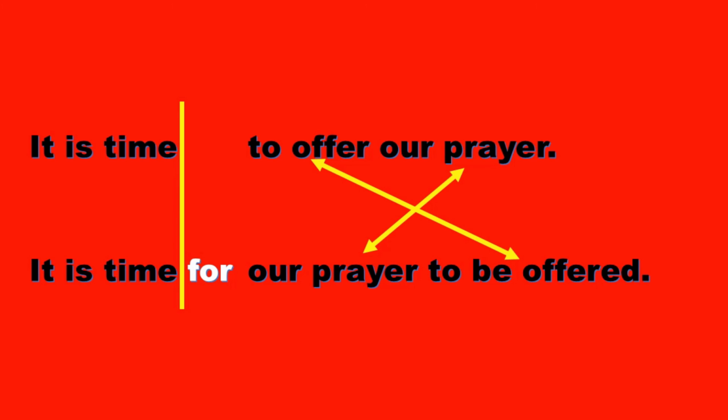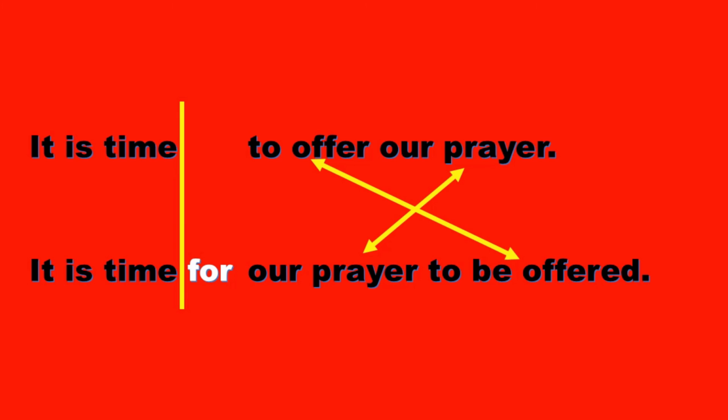But here if we read the sentence, you yourself will be able to realize that there is a kind of gap or something seems to be missing. Now let me read it out. It is time our prayer to be offered. Now when I read the sentence, it seems as if something is missing.